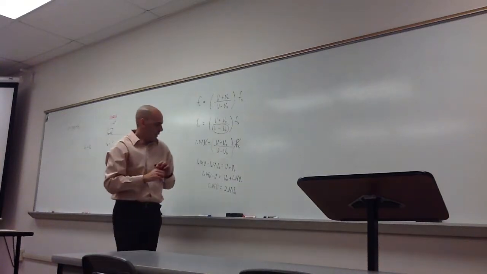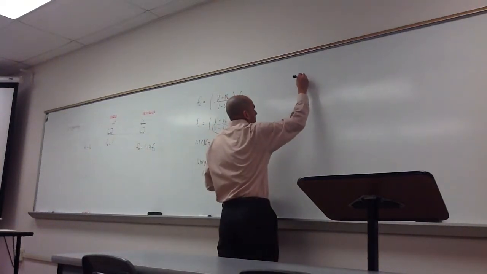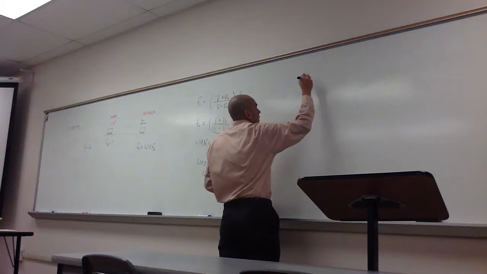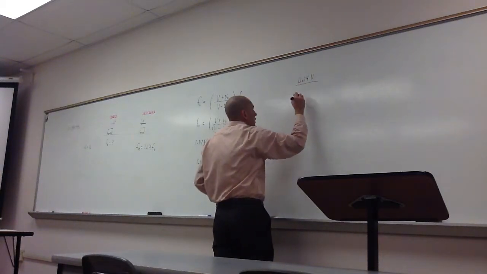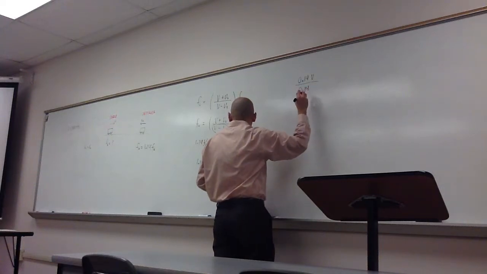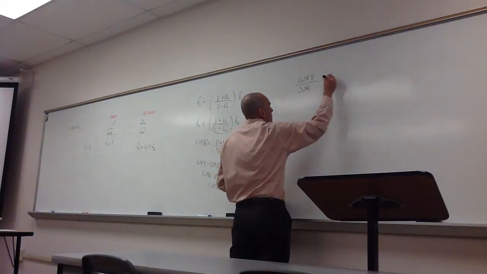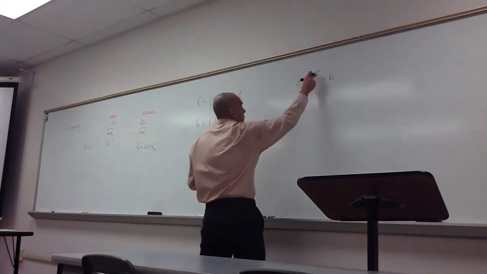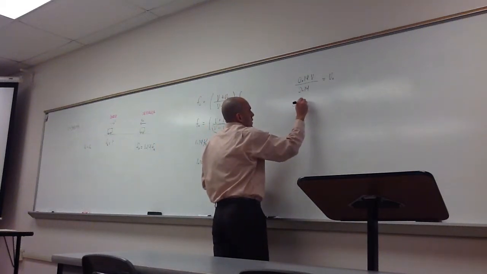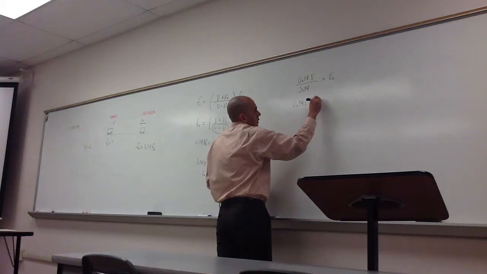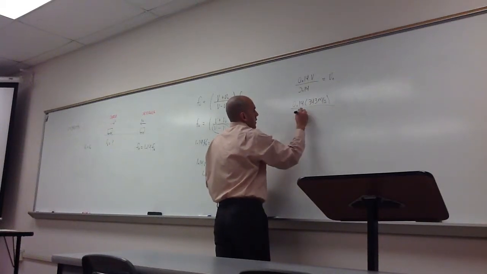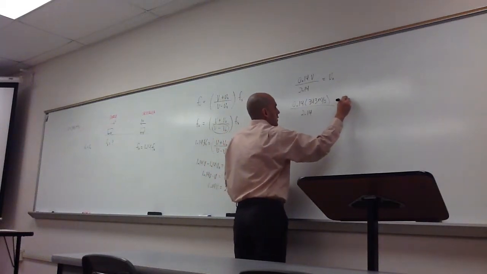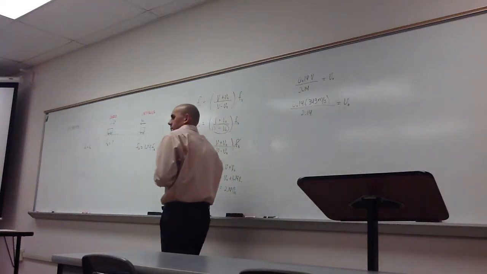And then we just divide 0.14 V over the 2.14, and that's the V_O. Where the V up here is just that 343 over 2.14 there on the bottom.